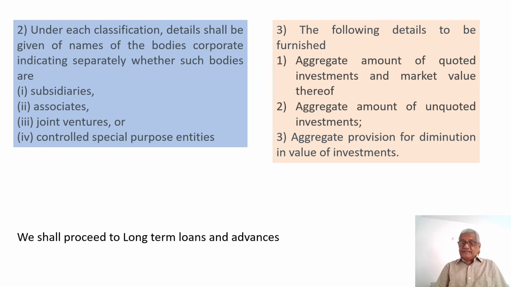Then the following details also have to be furnished: aggregate amount of the quoted investments and market value thereof, aggregate amount of unquoted investments, where the market price is not available, and aggregate provision for diminution in value of investment. In case there is a decrease in value below what I have purchased, that amount has to be indicated.